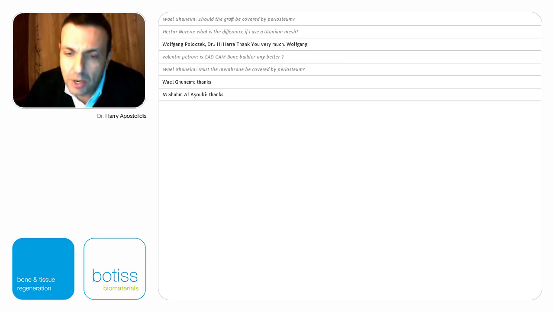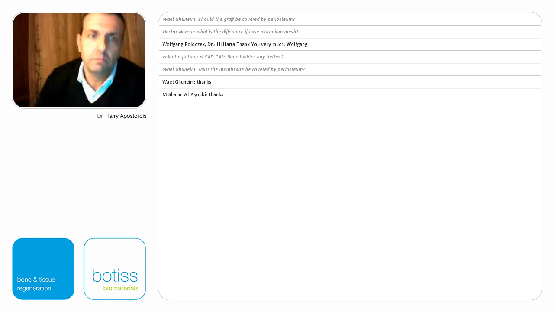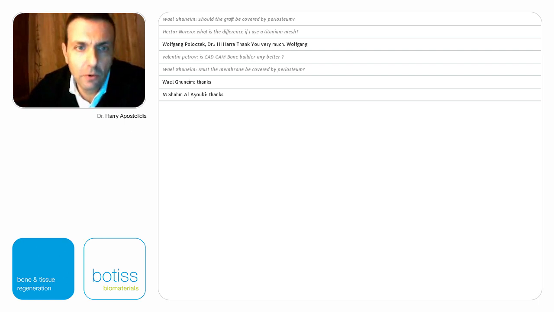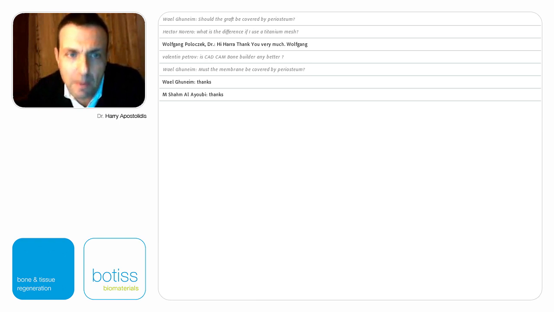No. Actually, when you cut the periosteum to do a sliding flap, the part of the flap that will be without periosteum may be above your membrane. It doesn't really matter. If your membrane is stabilized and pinned and stable at its position, it will protect your graft. If I understood your question correctly. So no, the membrane doesn't have to be covered by periosteum, but in these kind of cases you have to have primary closure.